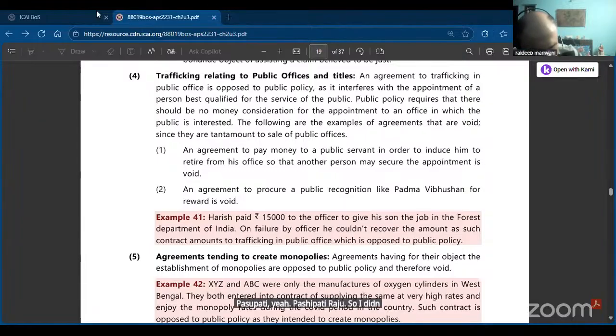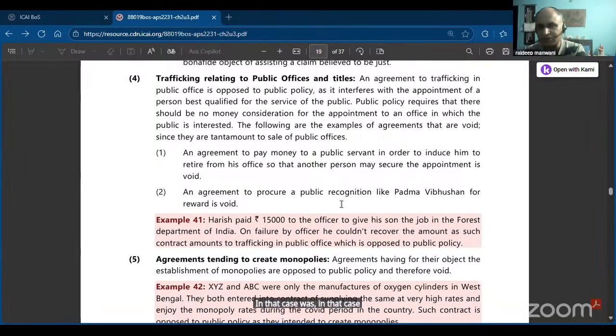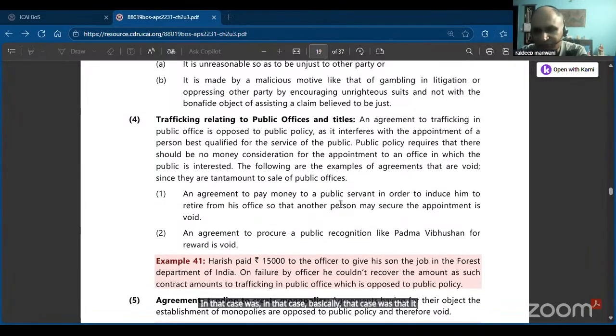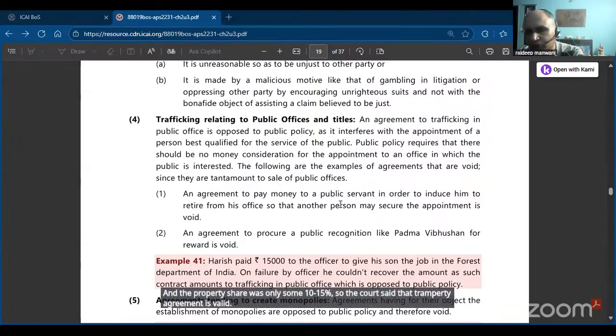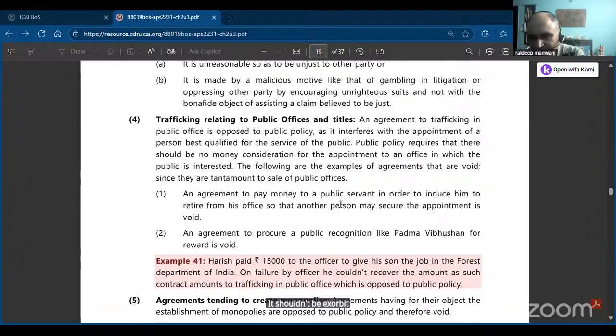I didn't want to do that big case. In that case, basically the champerty agreement was held valid because they agreed to share the property and the share was only some 10 to 15%. So the court said that the champerty agreement is valid. It shouldn't be exorbitant. Understood? Leave that case.